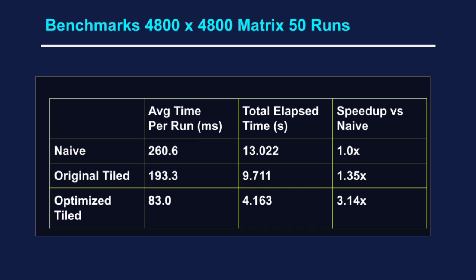Now we have the tiled example that we just talked about. We get a moderate 35% boost in efficiency. And then next we'll do the optimized tile, and that's a 3-fold boost in speed.